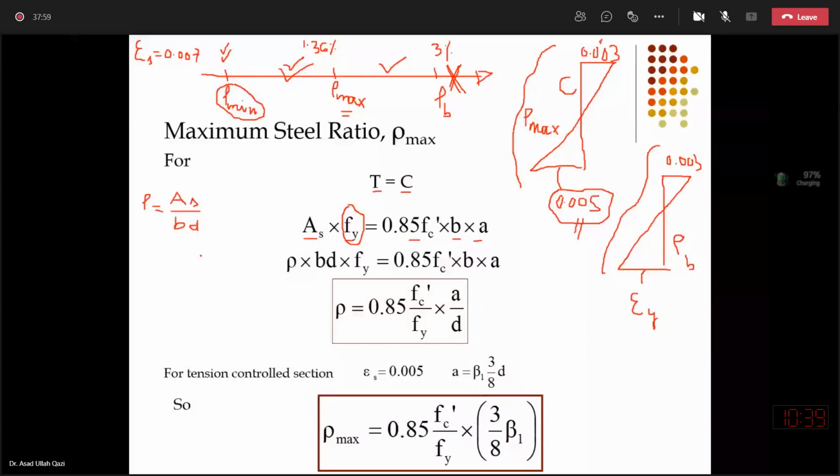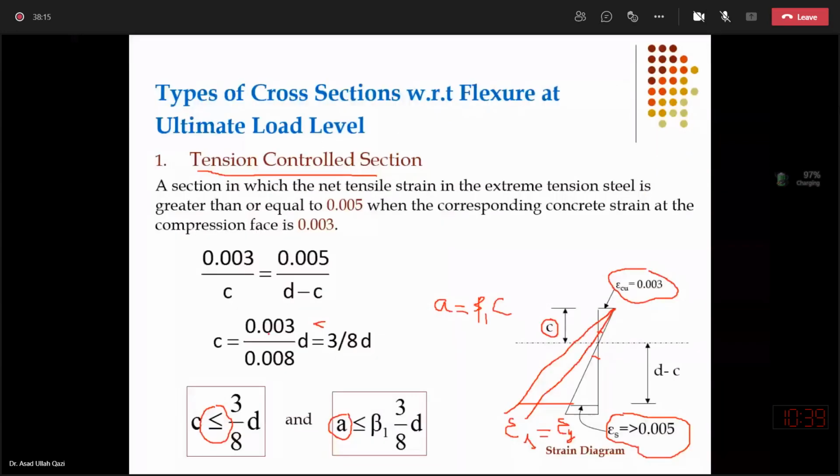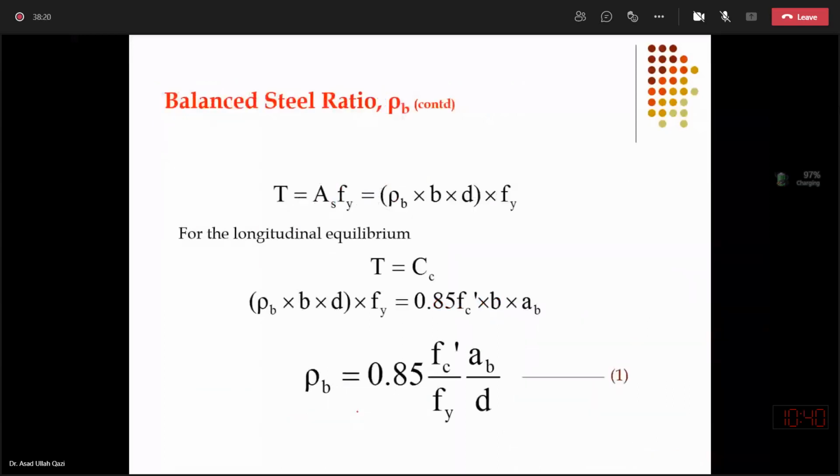and then I brought rho on one side like I did in the derivation of rho balanced. If you recall, in rho balanced we did the same exercise. So we brought rho on one side and all other variables on the right hand side, and we put b as a subscript under the a and rho, just to signify that this derivation we are doing is for the balanced reinforcement ratio.